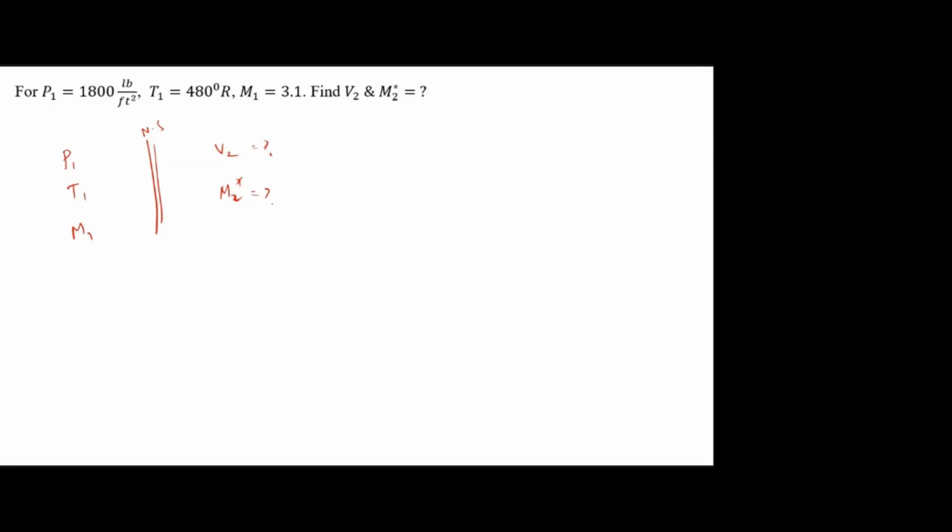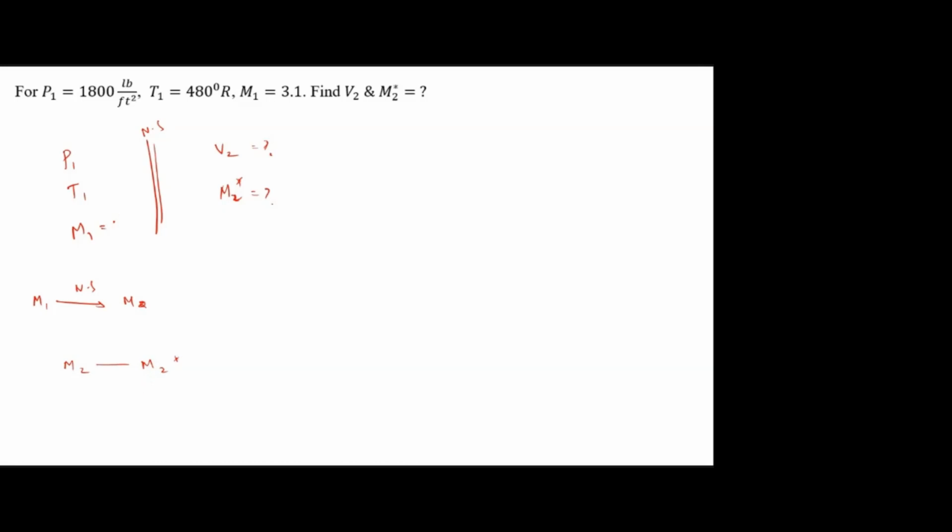From M1 you can find M2, and then you can use the isentropic relation between M2 and M2 star. You can use the relation, or the gas table also.